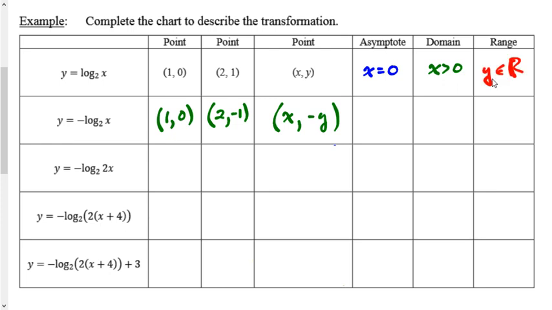So as we look at this reflection, y values were changing, x's stay the same, which means my asymptote and domain and range, none of those have changed. Why don't you pause the video at this point and continue filling in the table, and then once you're done, or once you feel like you need some explanation, restart the video and follow along with me. So you can pause the video now.